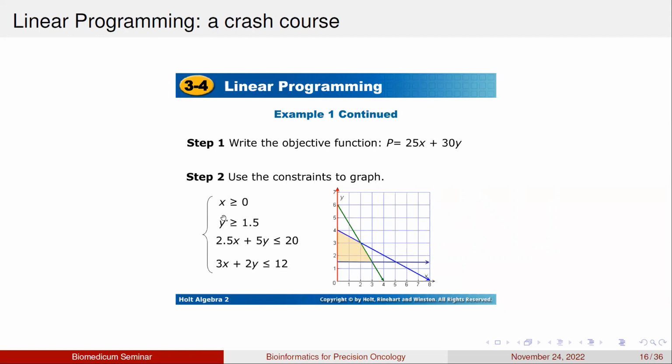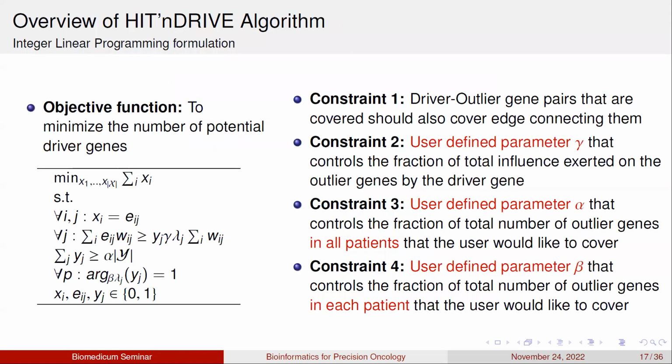So this is linear programming, where we can identify the values of x and y and the solution space. And integer linear programming is just that the values of x and y must be integers, and not any other number.